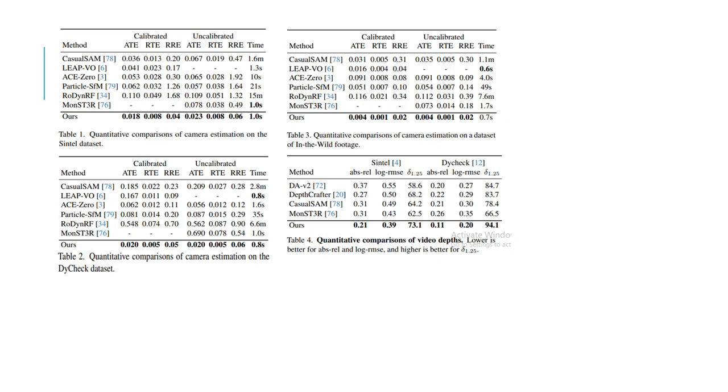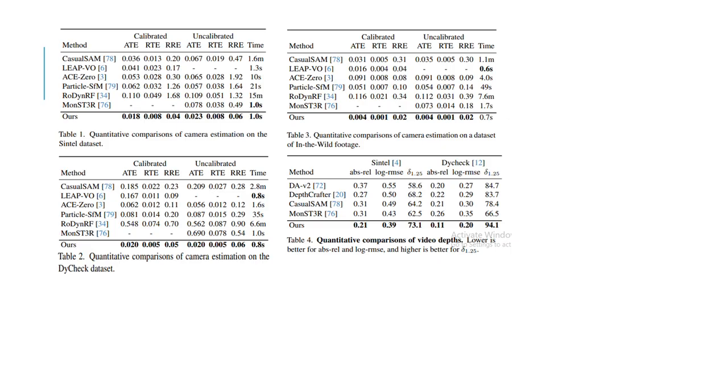The second table shows the qualitative comparison of the same camera estimation on the DyCheck dataset, the second type of dataset, where it also performs better in a low time of 0.8 seconds. And the third table describes the qualitative comparison of camera estimation on in-the-wild footage. Here also it takes less time.